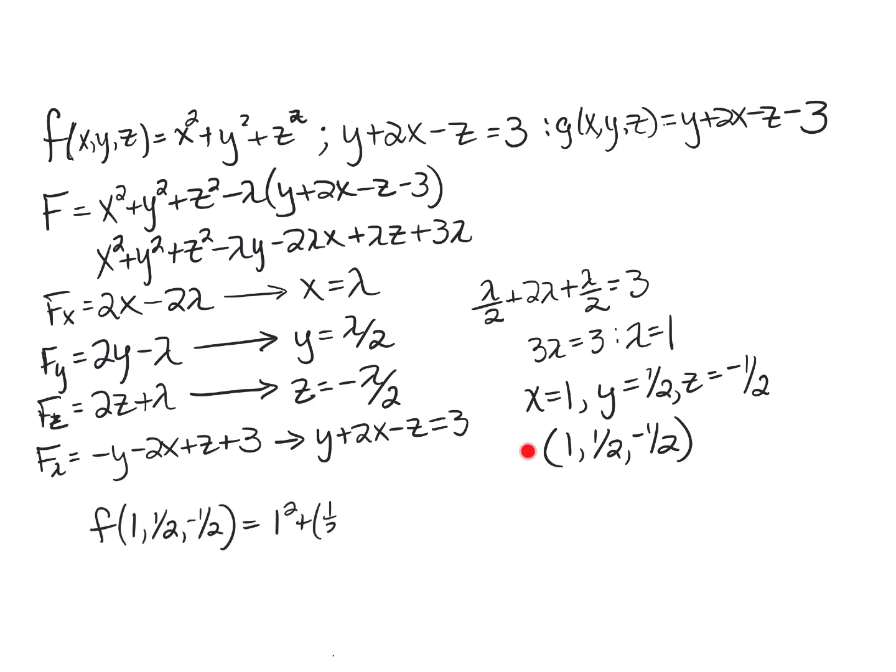And these values will give us the minimum. Plugging all those values into the original, I get 1 plus 1/4 plus 1/4, which the 2/4 add to a half, and I get 3/2. And that is a minimum value.